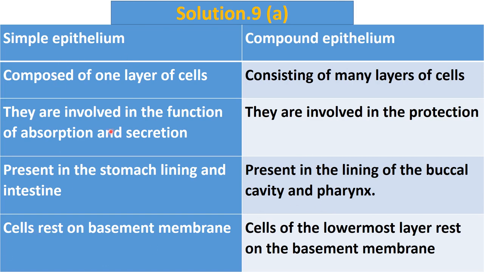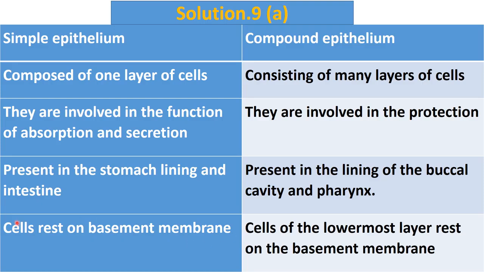Cells of simple epithelium tissue rest on the basement membrane, while in compound epithelium only the cells of the lowermost layer rest on the basement membrane, because there are multiple layers of cells. So all the layers of cells cannot rest on the basement membrane, only the lowermost layer does.